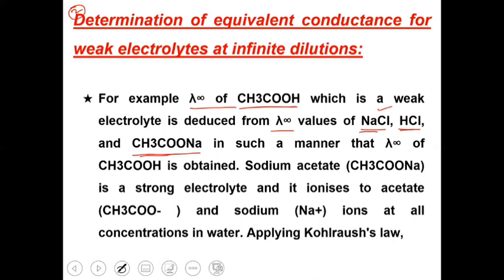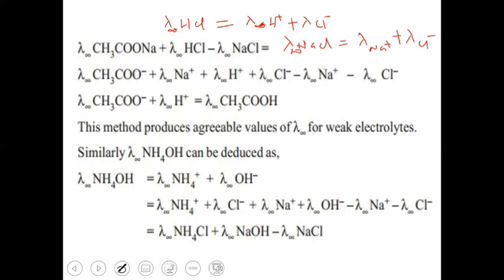That means acetic acid. By using the Kohlrausch law, we can write lambda infinity of HCl is equal to lambda H plus plus lambda Cl minus. Like that, lambda infinity of NaCl is equal to lambda Na plus plus lambda Cl minus. And the remaining one, CH3COONa, sodium acetate: the lambda infinity of CH3COONa is equal to lambda of cation and anion, that is lambda CH3COO minus plus lambda Na plus.